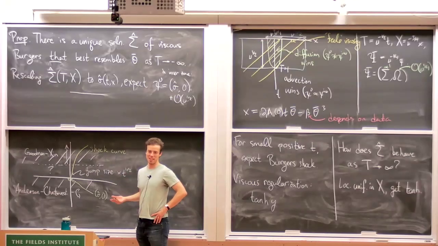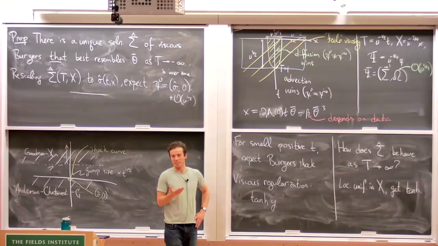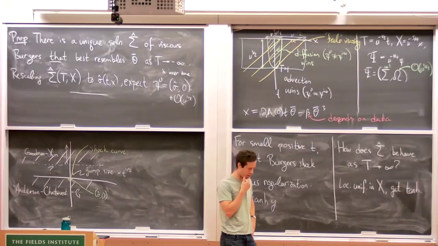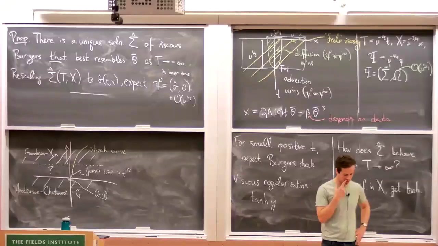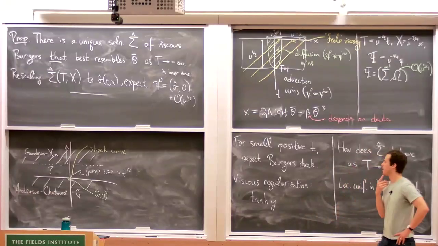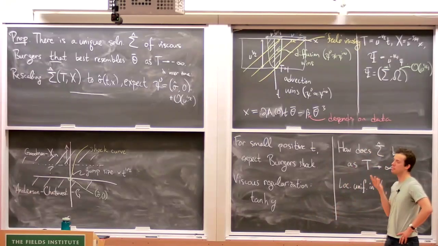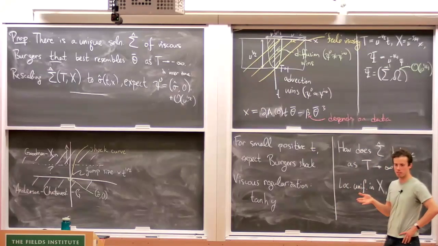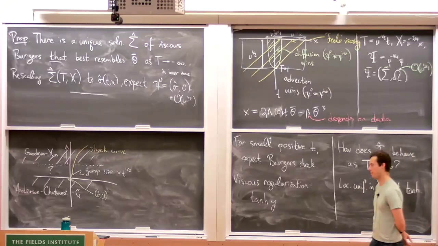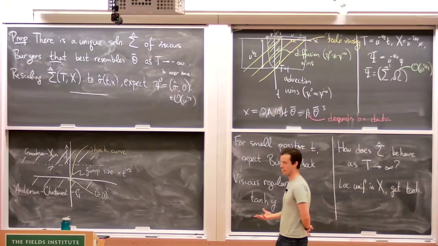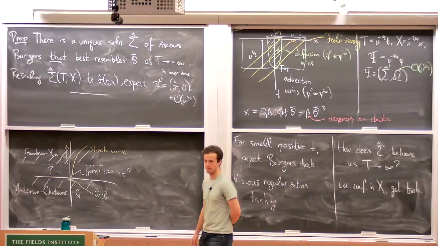The short answer is I don't know, but they must somehow show up. I'm pretty curious to see how the viscosity interacts with these Holder curves. It's not entirely clear at the moment, but an analysis in this strip would have to grapple with that question.